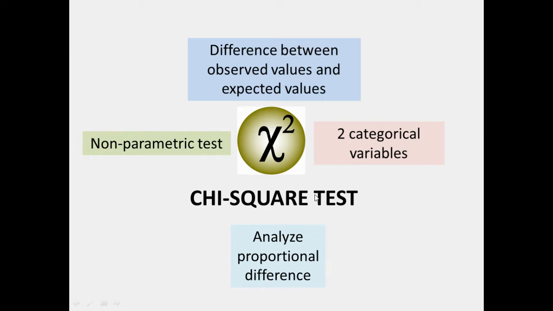When do we use parametric test? We use parametric test when the population has a normal distribution curve, whereas non-parametric test is used when the population does not have a normal distribution curve. So these are the important points you need to remember. One is that it is a non-parametric test. Second, it is used to assess the proportional difference between two groups, and the variables should be categorical.